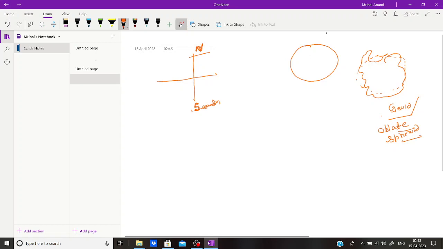We know that our earth is tilted 23 and a half degrees. Sometimes it is written 23 and 4, somewhere it is 23.5 also. So you can take 23 and a half. Our earth is tilted 23 and a half degrees.